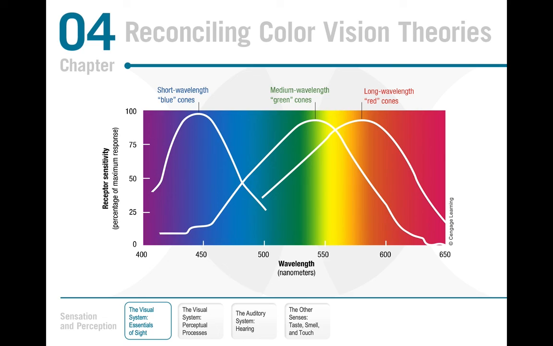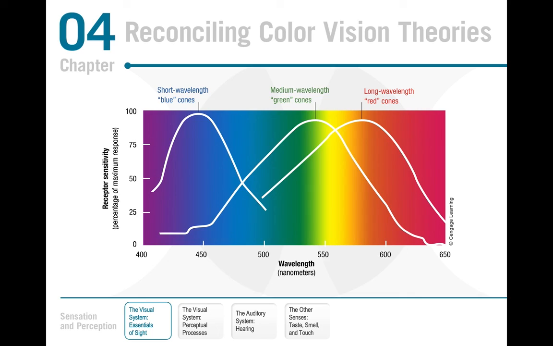So, for example, there are some ganglion cells. If you remember back to that picture when we zoomed in on your retina, there are some ganglion cells that are excited by green and inhibited by red. And then there are other ganglion cells that work in the opposite way too.